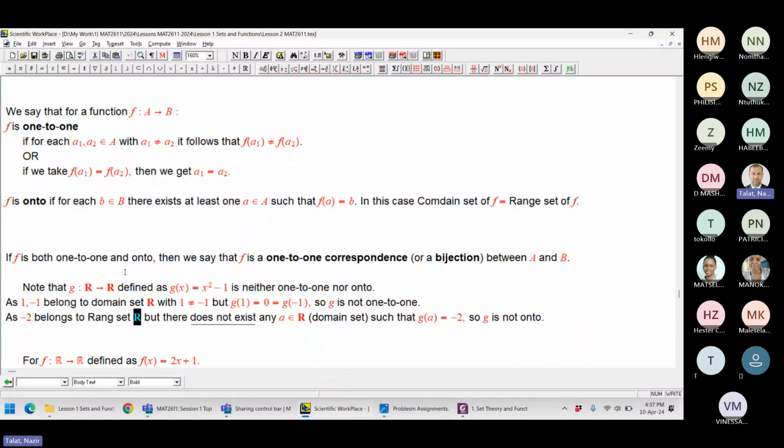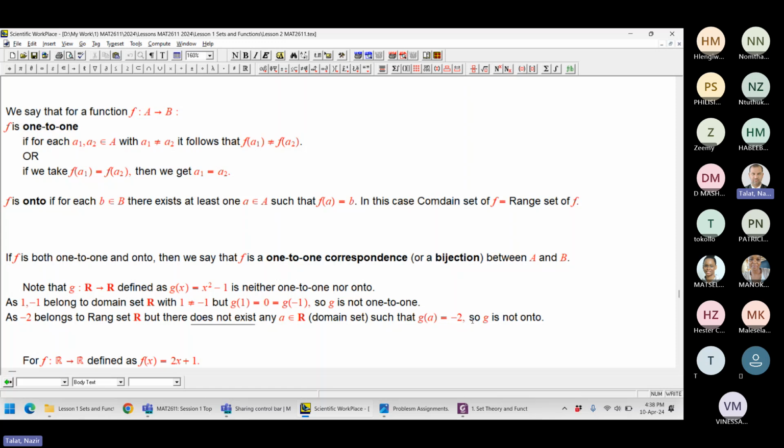Whatever we put over here, the function is defined in this way, so the least value of this function is minus 1, but not minus 2. The minus 1 will be only at 0. So this gives us that this function is not onto.